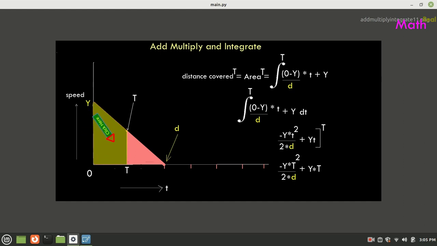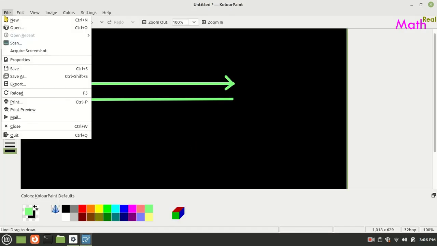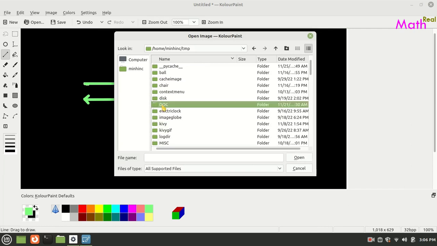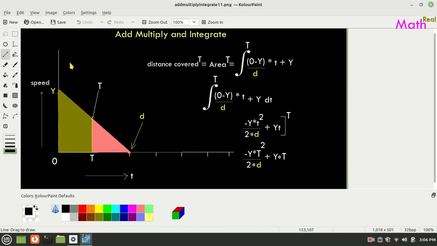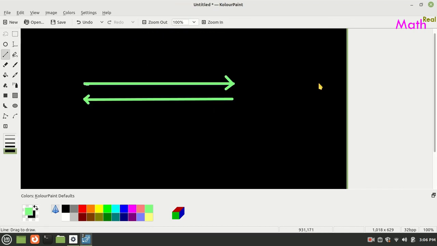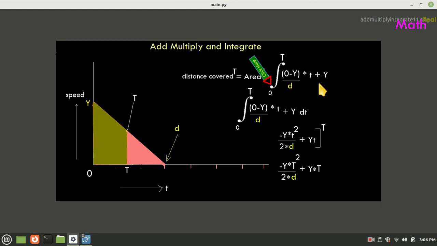Okay. Now I don't have to do the calculation of this area minus this area whatsoever. Now the area we are thinking of, this area.